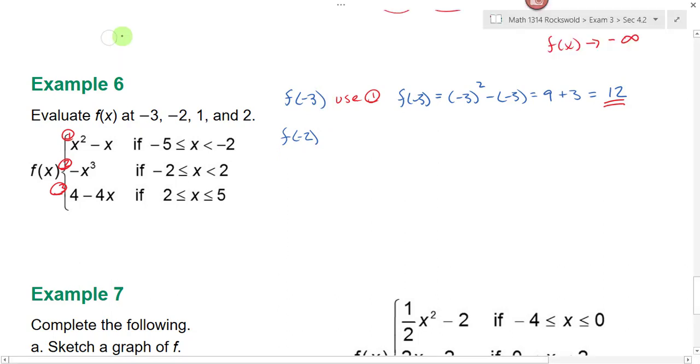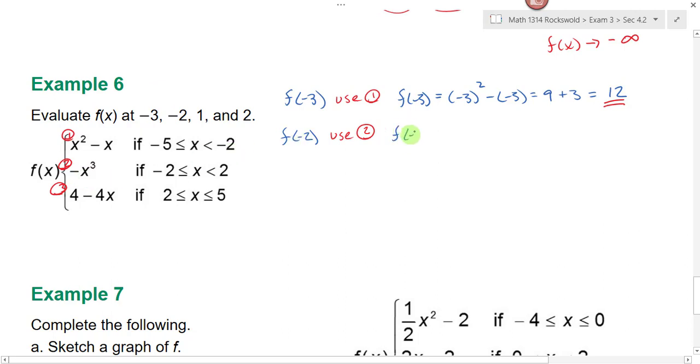Next, I'm asked to find f of negative 2. To find f of negative 2, which one of these three equations do I use? Okay, I can't use both. I can't have a choice. This is a negative 2. Is x equal to negative 2 here? No, x is equal to negative 2 here, so I'm going to use equation 2. So that means in this equation, I'm going to plug in a negative 2 in place of x.